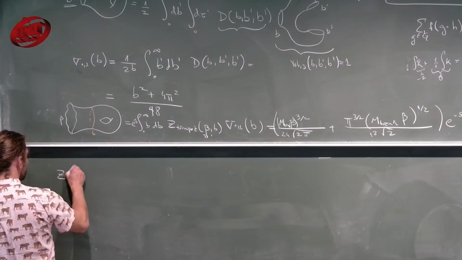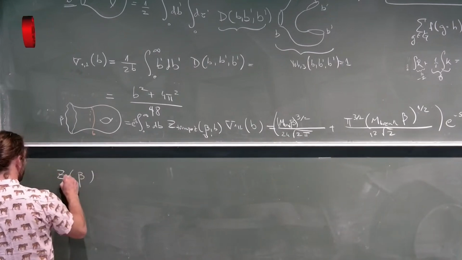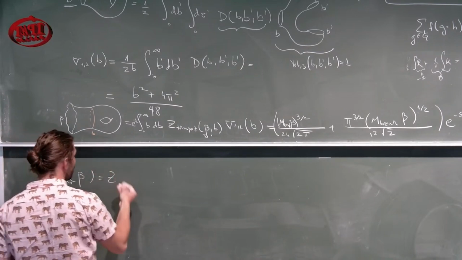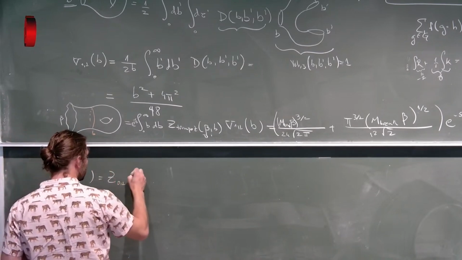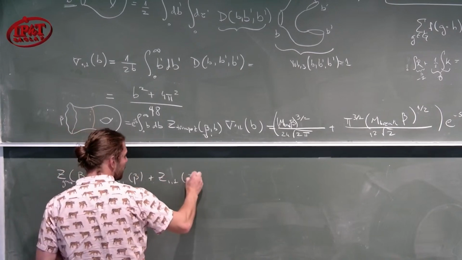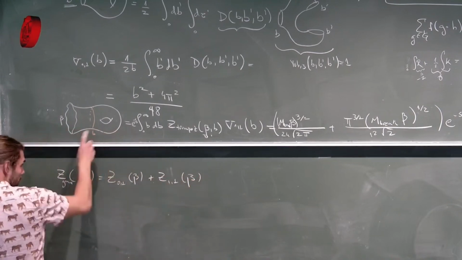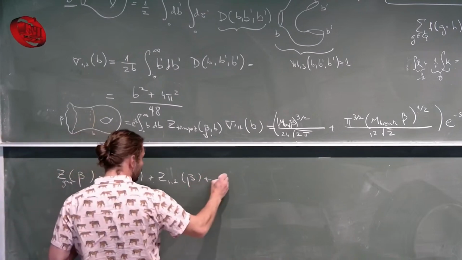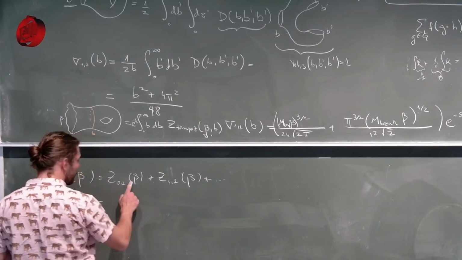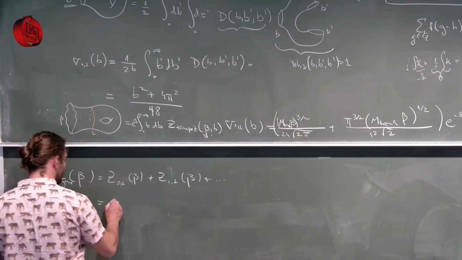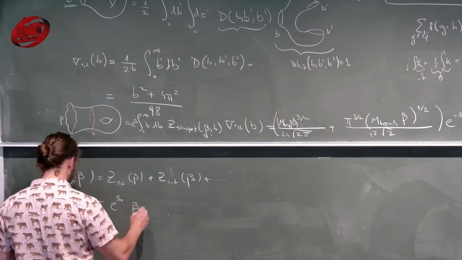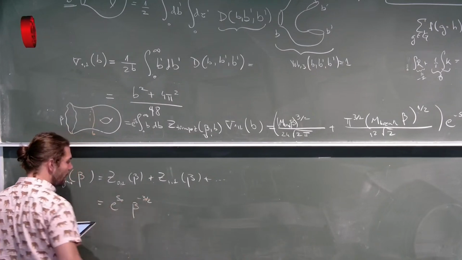So Z of beta, the graph of beta, which was Z corresponding to a disk, so Z_{0,1} of beta, plus Z_{1,1} of beta, so surfaces with genus 1, like this one, plus dot dot dot, that's up to leading order in e^{S_0}. This, we computed this yesterday, or 2 days ago, this went like e^{S_0} times beta^{-3/2} at very low beta.